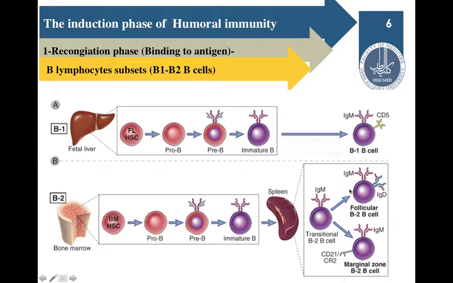The follicular B cells and marginal zone B cells are different as the surface receptors on them are different. The follicular B cells have IgM and IgD, while the marginal zone B cells have IgM and complement receptor 2, which is also known as CD21.